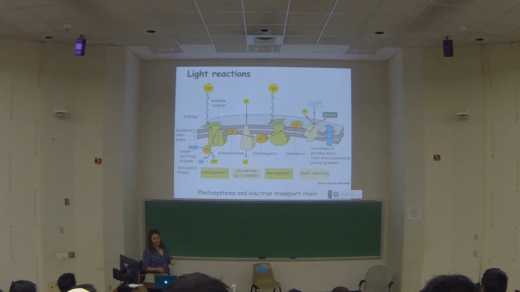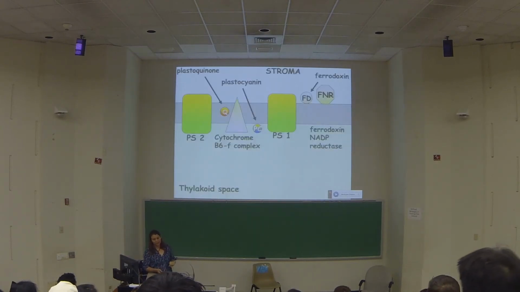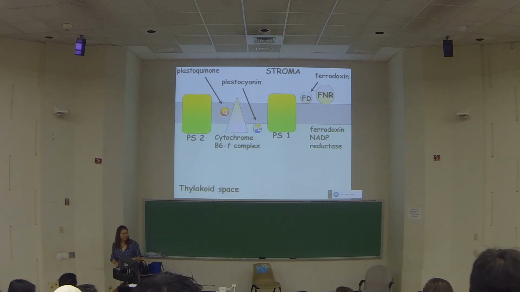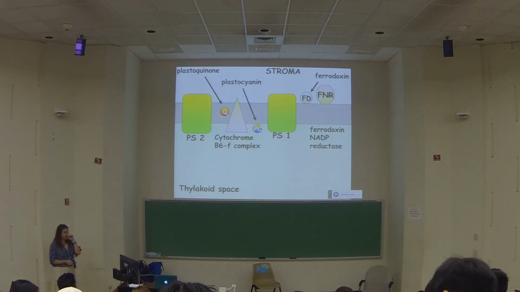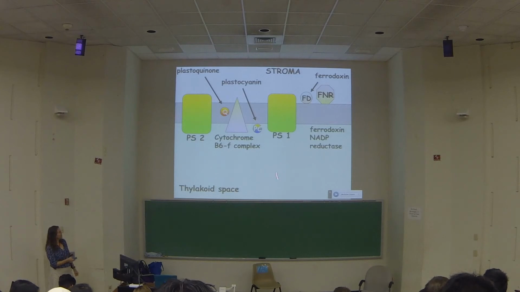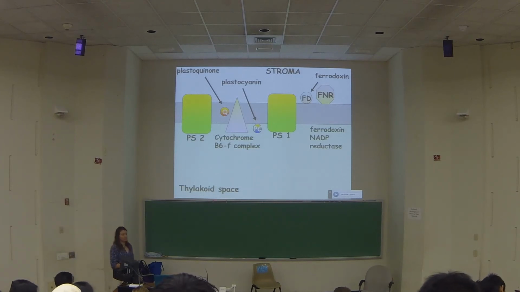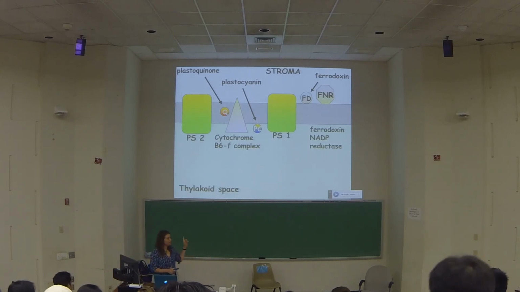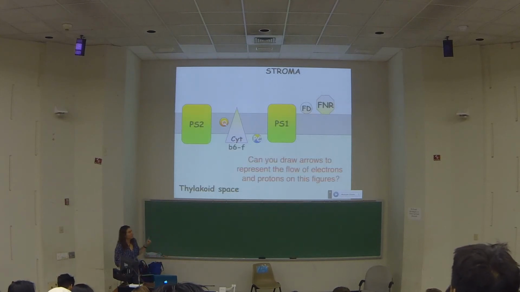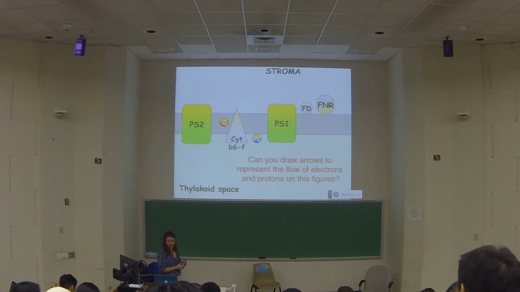Let's translate that into a more simplified diagram. Here's the diagram we started with, the major players in the light reactions. Remember, stroma, membrane, thylakoid space. Can you draw this figure, and draw arrows to show how the electrons move between these different proteins and protein complexes?